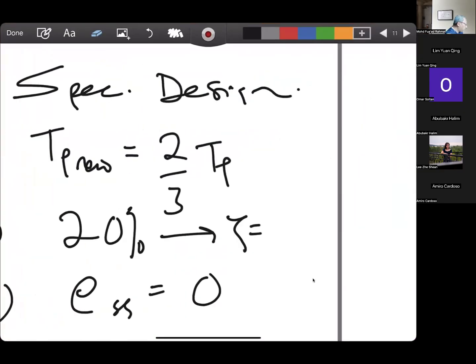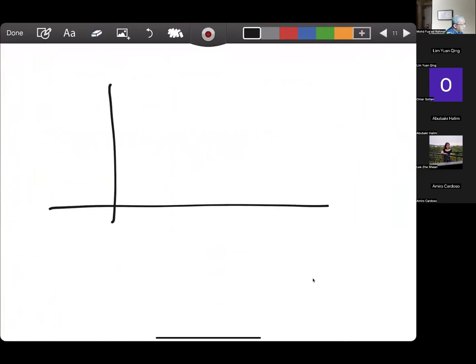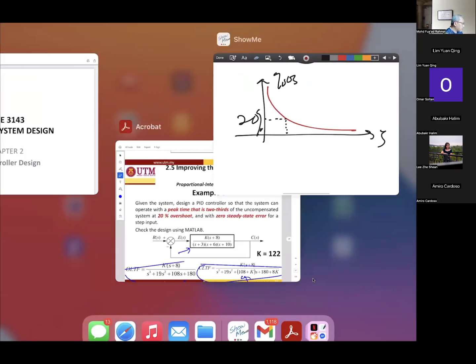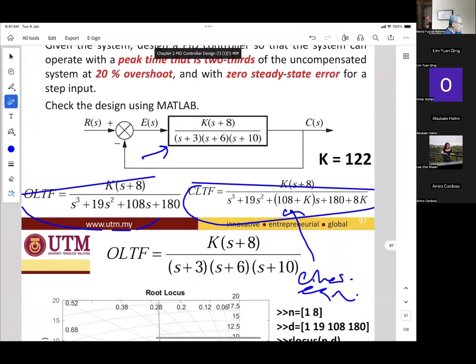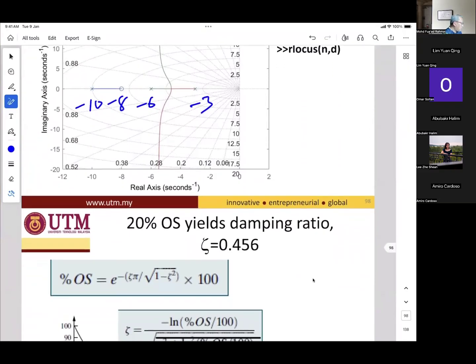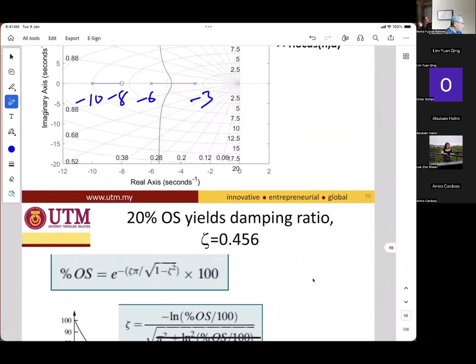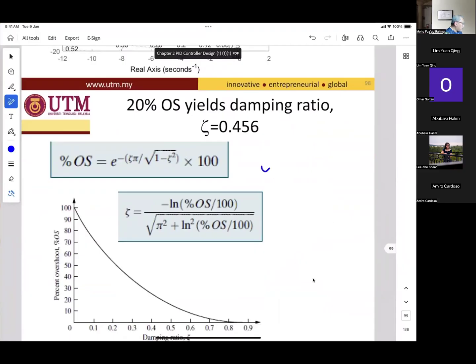Again, we use the graph. 20%. So what is the value of zeta over there? 0.456. If you don't want to use the graph, you can use the formula, but this one consumes a lot of time.